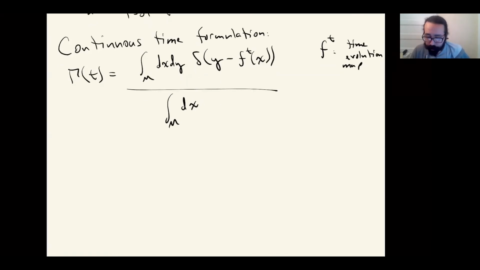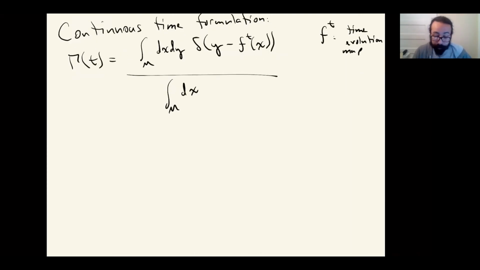Hopefully this formula is relatively intuitive. The escape rate you can define as: if I take a point that's initially in my region of phase space, let's say it's on my pinball table, and I evolve it in time, is it still on the pinball table later? That'll tell me whether or not my pinball has escaped. And so the expectation is that at late times, this should evaluate to something like e to the minus t.